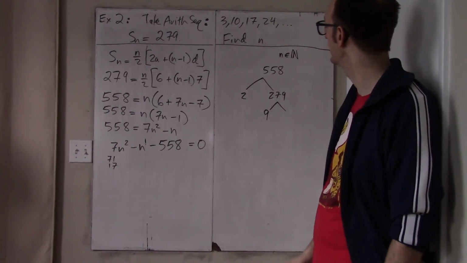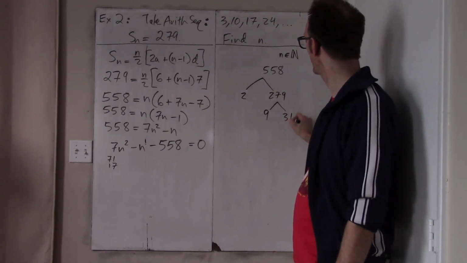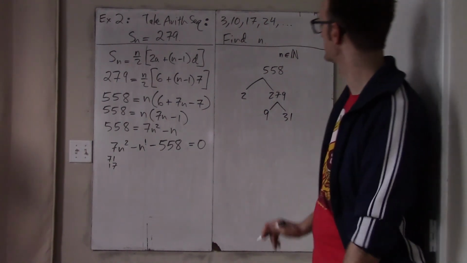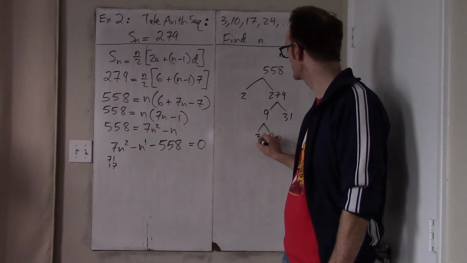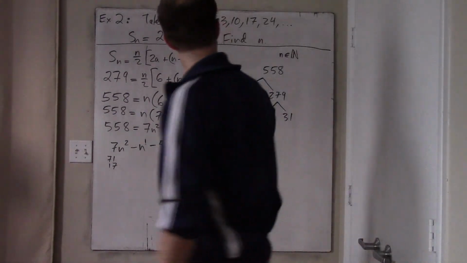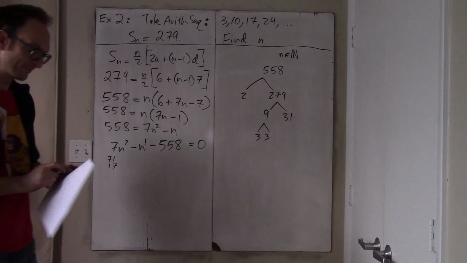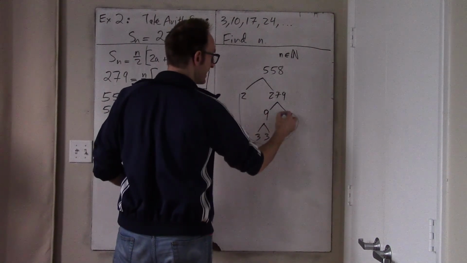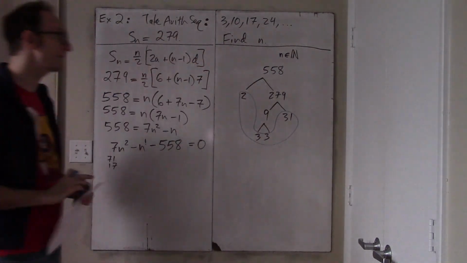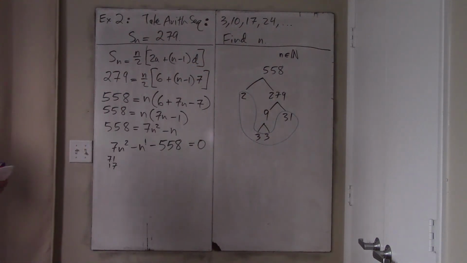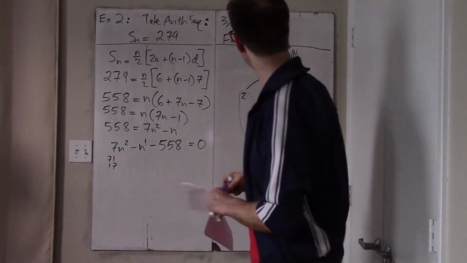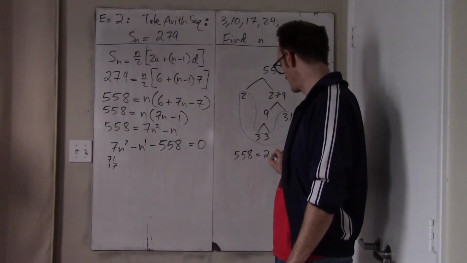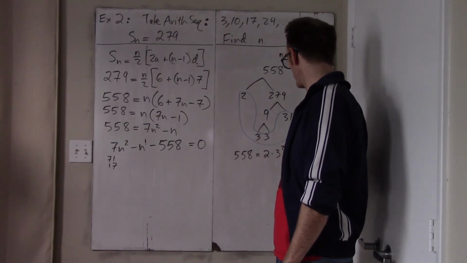That's another rule. And that is in fact going to go in 31 times, because 9 goes into 270 30 times, and 9 goes into 9 once. And then, of course, 9 is 3 times 3. But 31 is prime. And so, I'm done. And by I'm done, I mean I have produced the tree whose leaves are 2, 3, 3, 31, which is just another way of saying the prime factorization of 558 is 2 times 3 squared times 31.